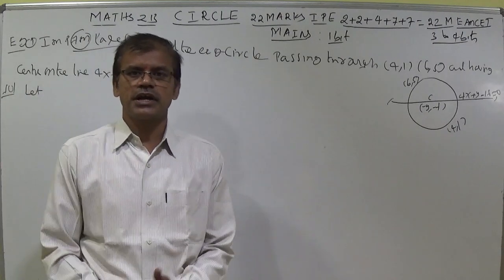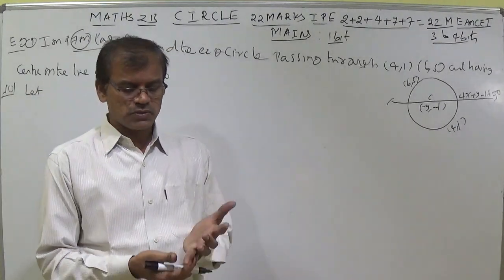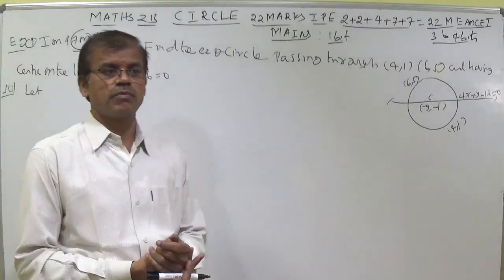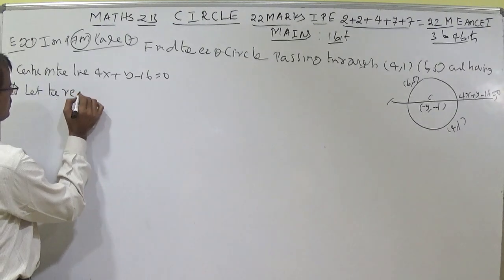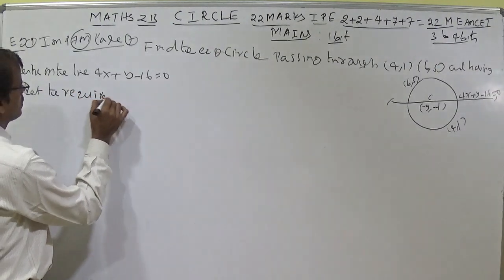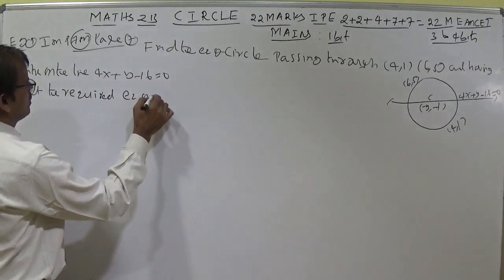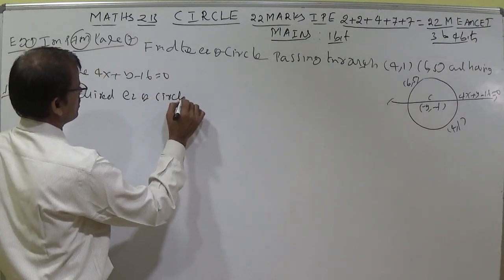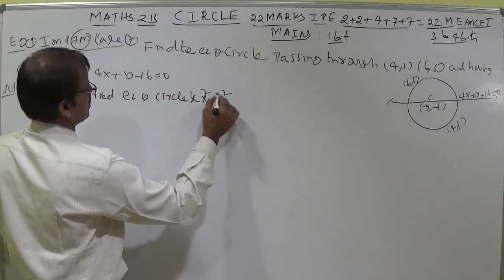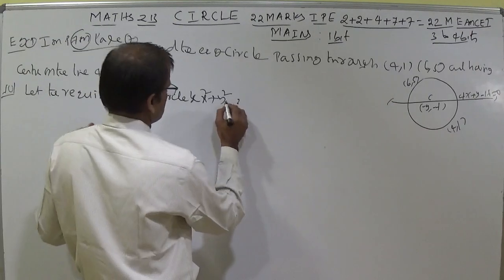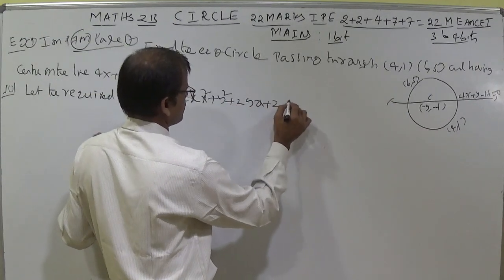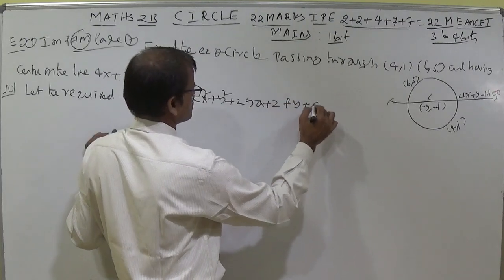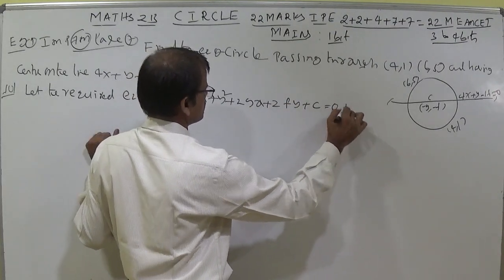First of all, we should write the equation of circle. Let the required equation of circle be x square plus y square plus 2gx plus 2fy plus c equal to 0.